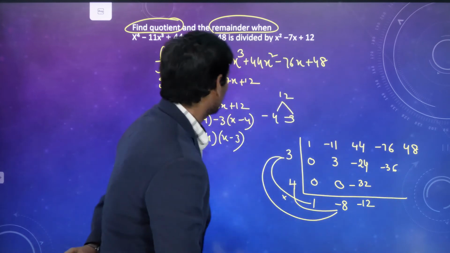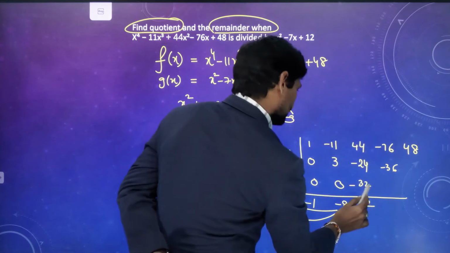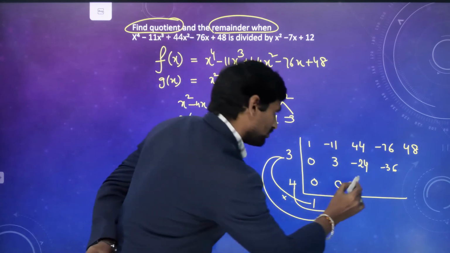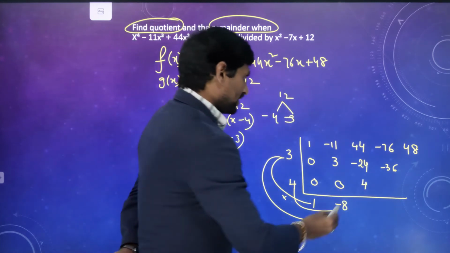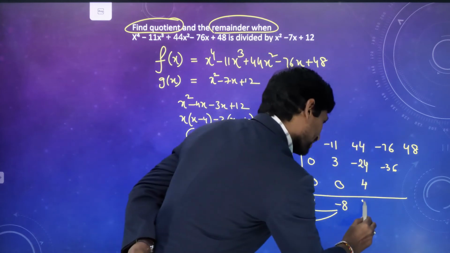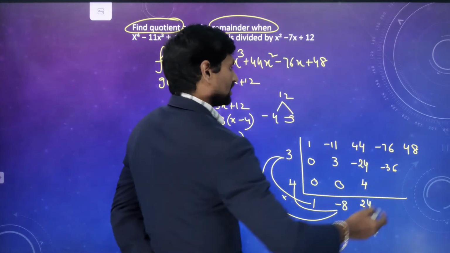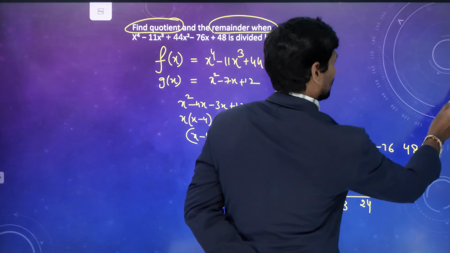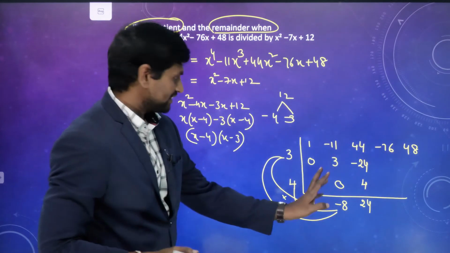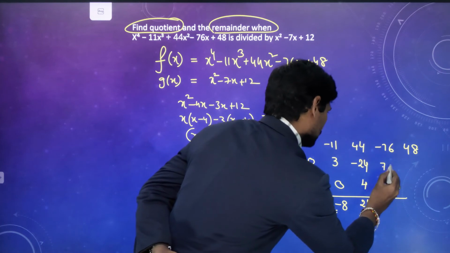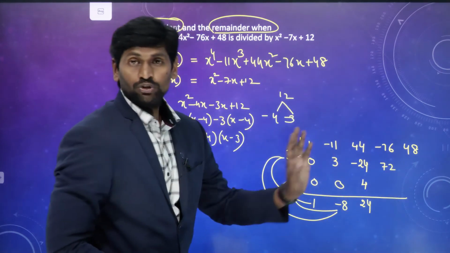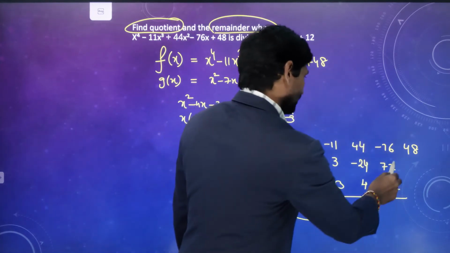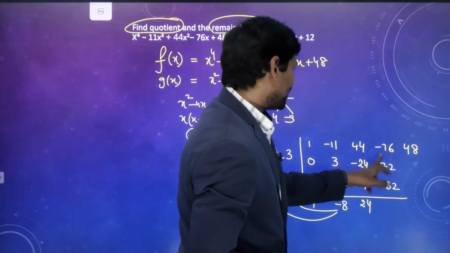Here 4 ones are 4, 4 into 1, 4 we need to take here. So that is minus 20, this is 24. Now 3 twenty-fours are 72, that is plus 72. And 4 into minus 8 is minus 32. This will be 40. So nothing but 70, 108.